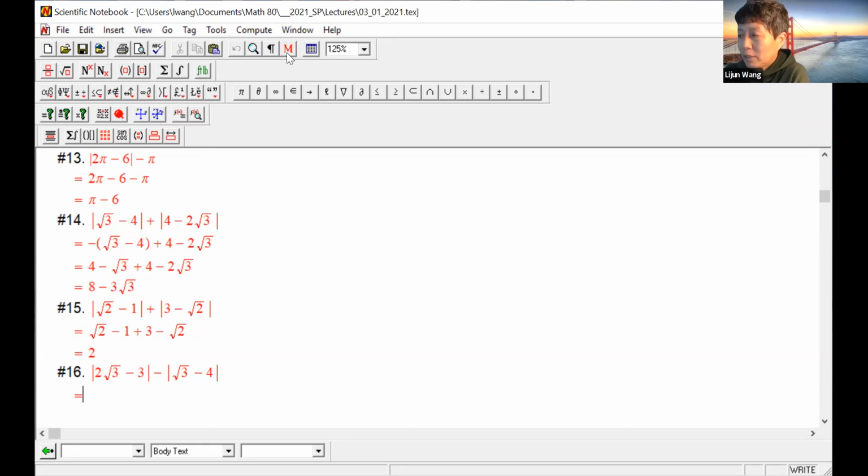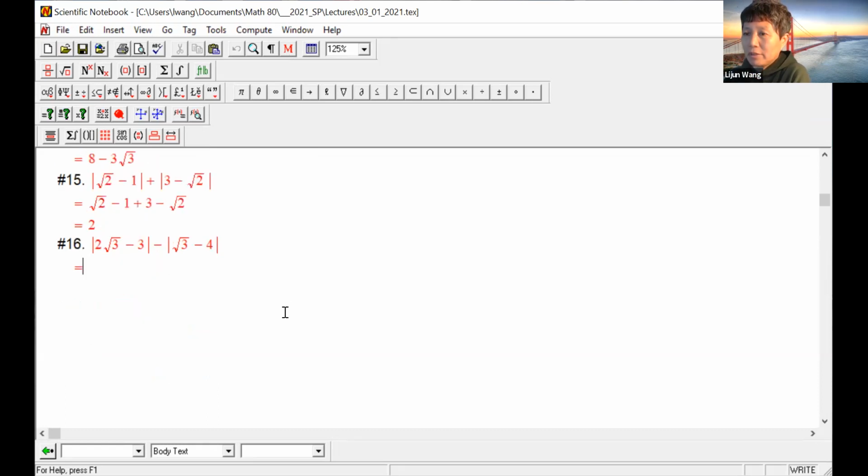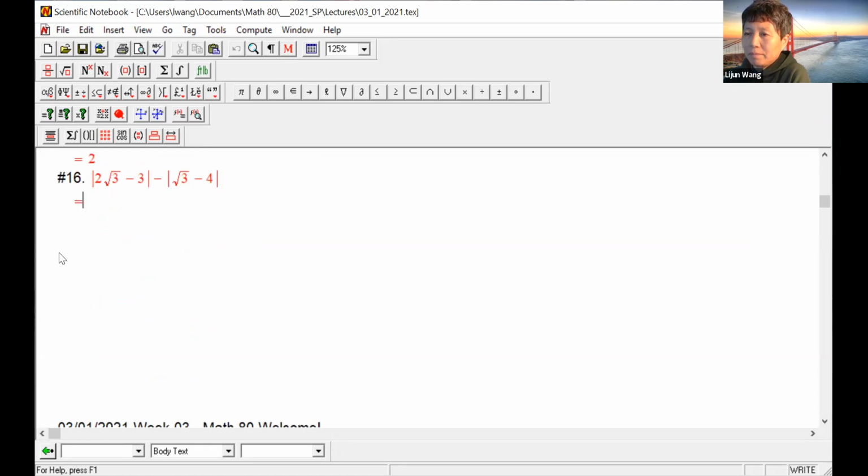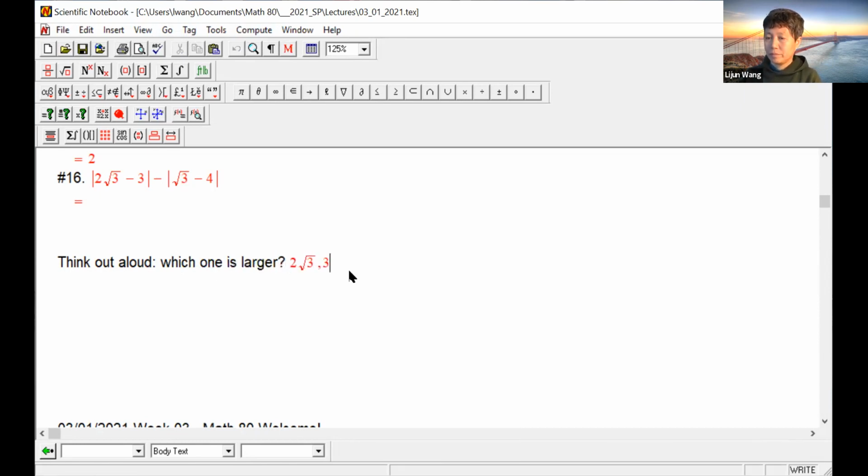How do you figure this out? I will tell you. Okay, I'm going to tell you how I figure this out. Think out loud. Which one is larger? It's hard to compare, isn't it?